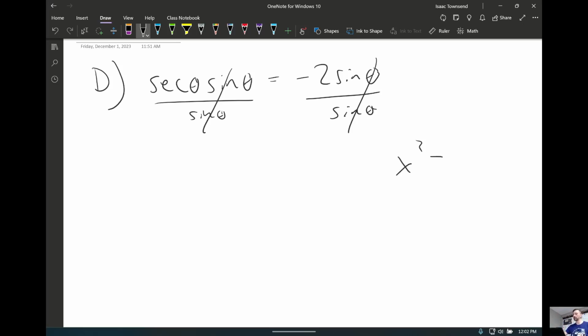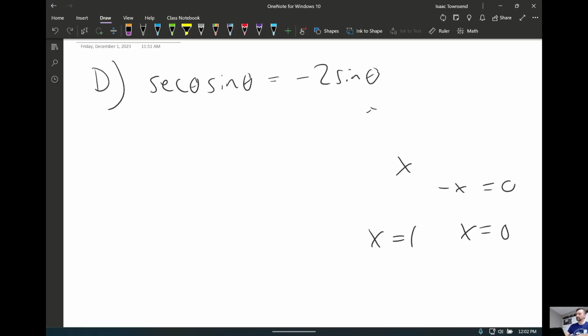We had one like this in your notes where when we divided both sides by x, we thought x could just be 1, but x could also be 0. And we actually had to solve it with algebra to get both solutions. So if you divided both sides by sine, I guess that is common, but you need to make some kind of a hint here not to do that.